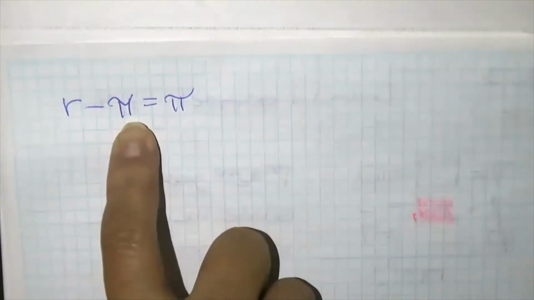Now, I've got some people that look at this and go, well, what's the variable? I have an R and a pi. Do not let this bum you out because pi is not a variable. Pi is a number.